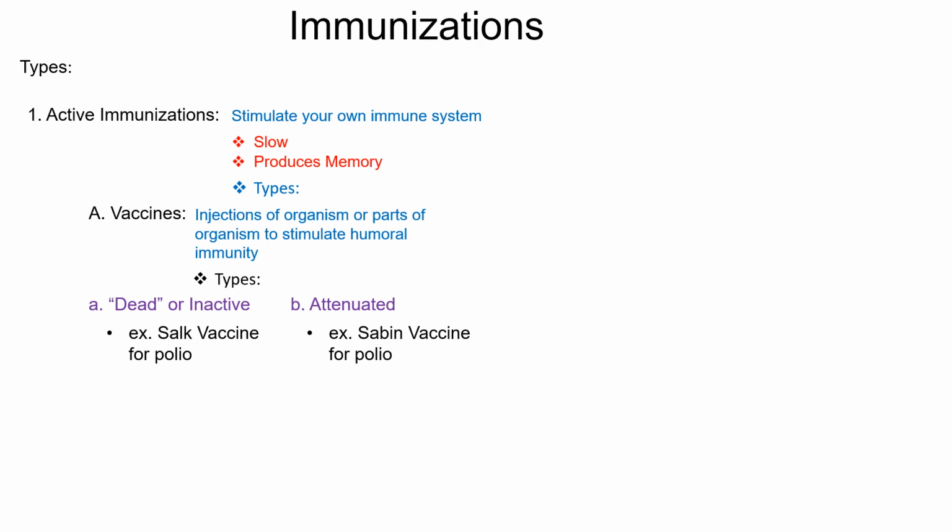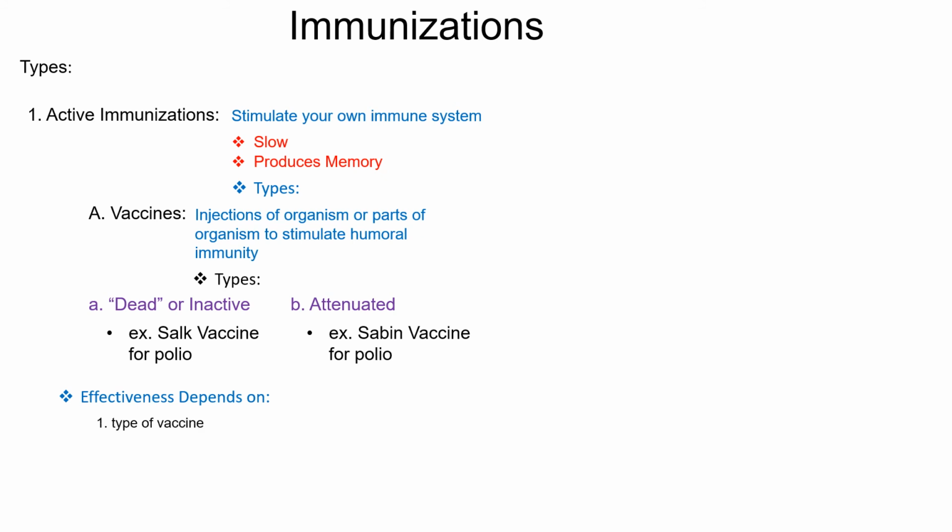The Sabin vaccine is the attenuated form. The virus is active, but it's been weakened and done so by transposing the virulence, growing it in a different life form. And then this one you take orally. So it was put into like a sugar cube, and you simply put it on your tongue and swallowed it. Now, when we look at vaccines, their effectiveness is going to depend on some things. First of all is the type.